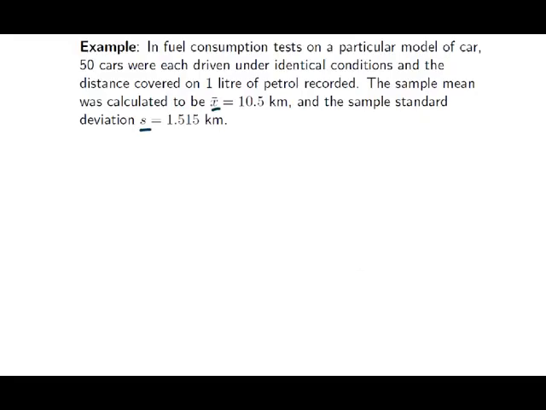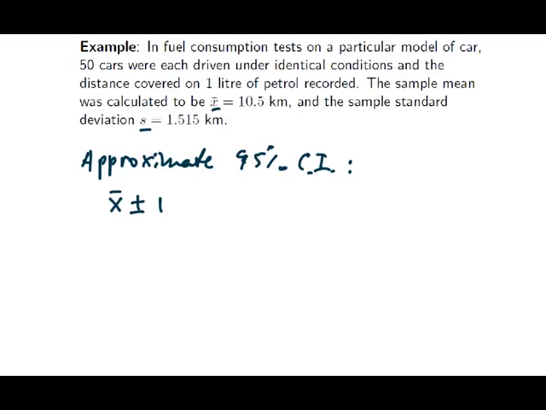An approximate 95% confidence interval is found. We know how to do it. It will be x bar plus minus 1.96 times S divided by the square root of the size of the sample.